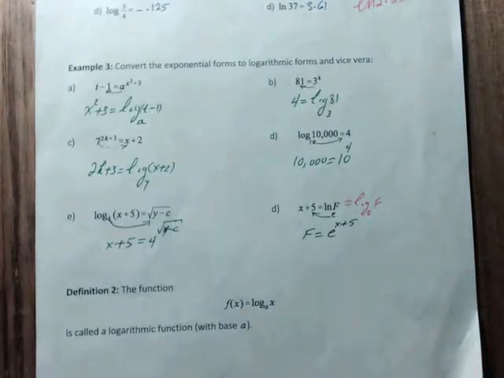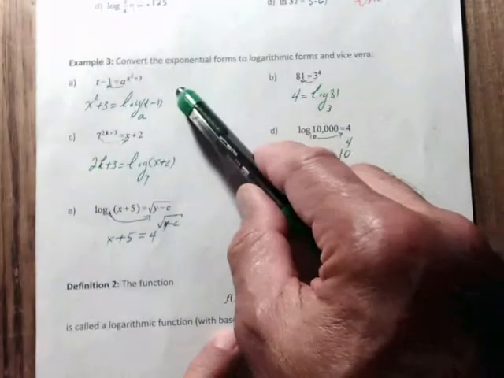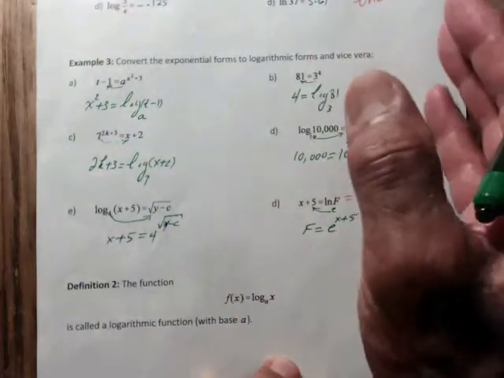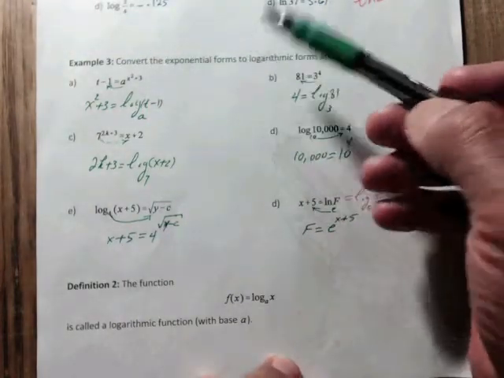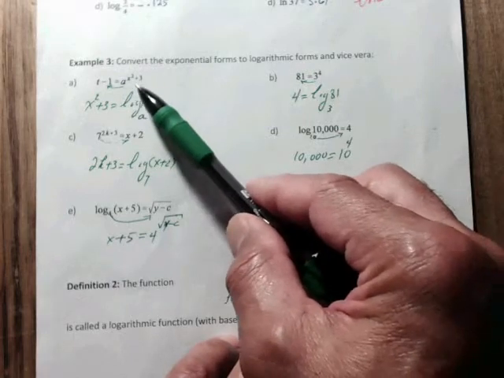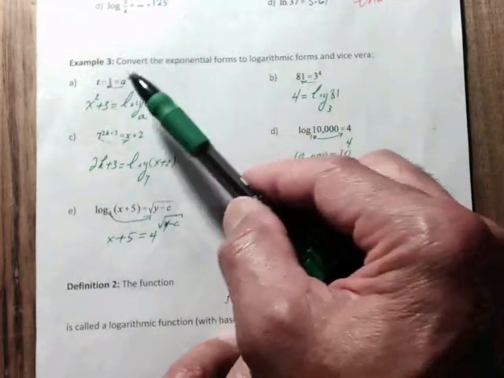This example has six parts that shows you how to go from exponential to the logarithmic, or vice versa.